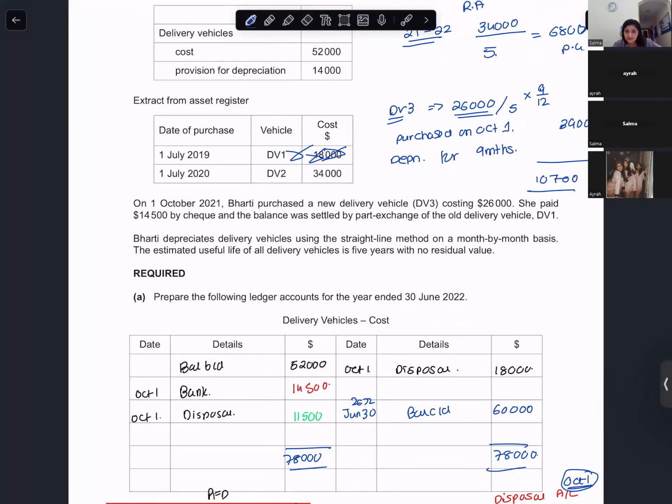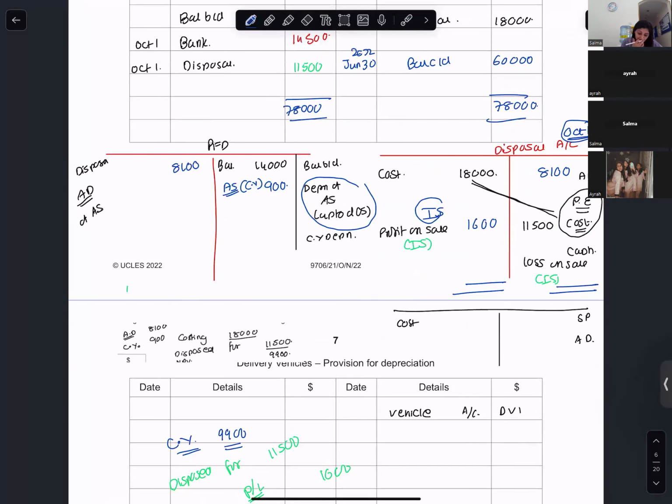And then you have to add the 900 also. So income statement 10,700. This is on the last date, June 30th. That is depreciation for the current year on your remaining assets.